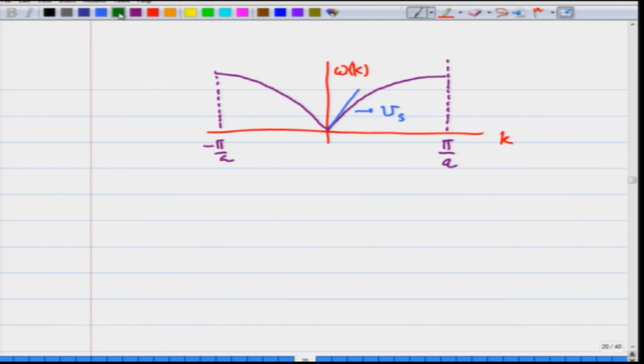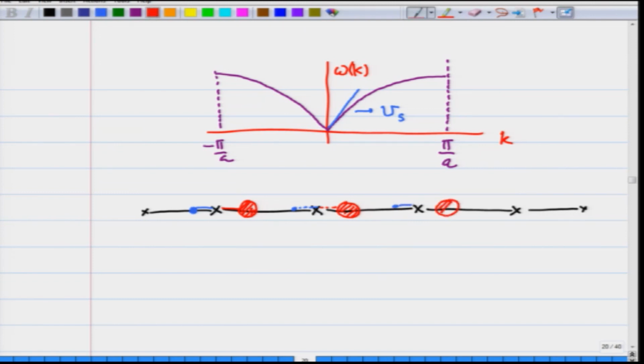So, consider a crystal, again we will focus on one dimension first. Consider a crystal with these crystal sites shown by crosses. And at each site there are two kinds of atoms attached to each site, let us say the blue one and the red one, the blue one and the red one, the blue one and the red one, and so on.